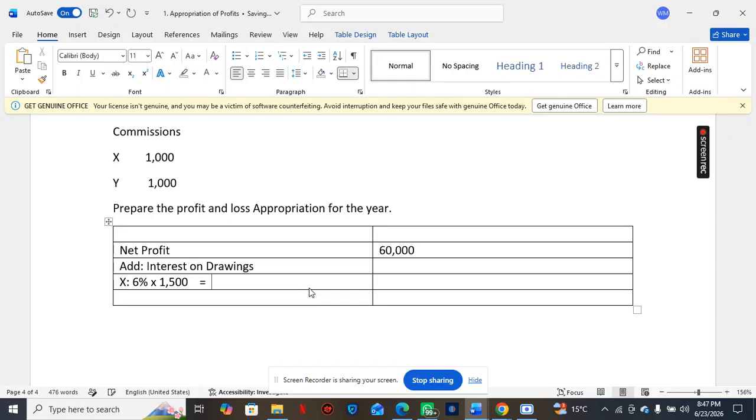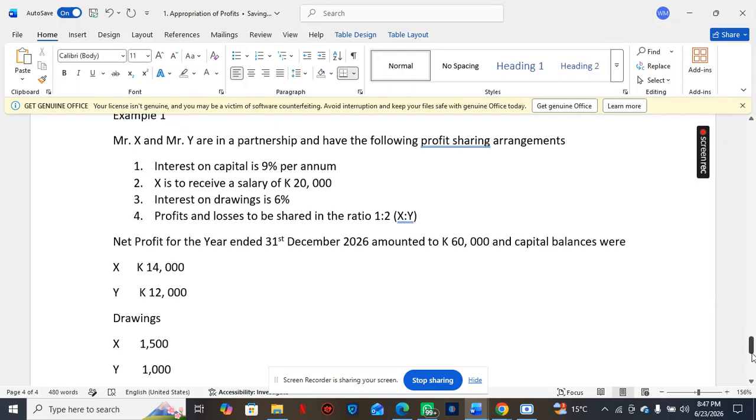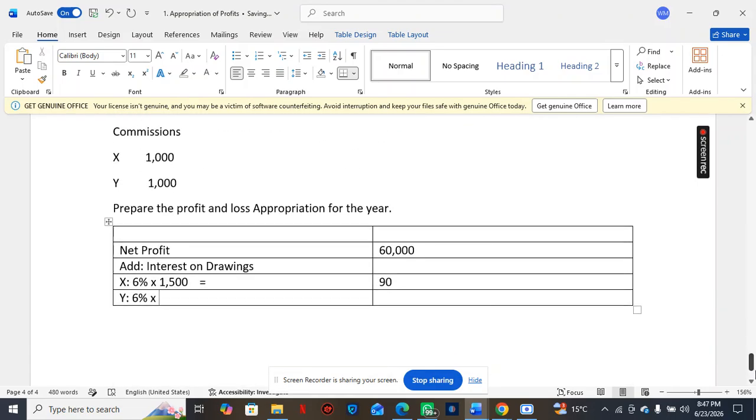That is 90 kwacha. We'll put here 90. Mr. Y, 6% of Mr. Y's drawings, 6% of 1,000, that should be 60 kwacha.